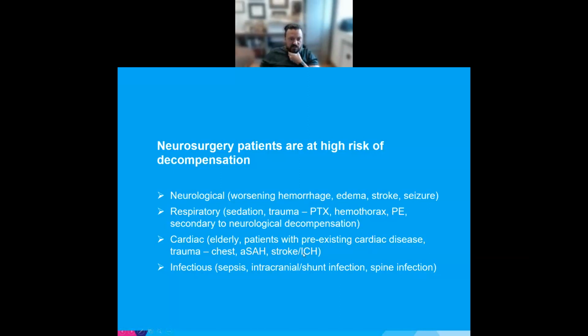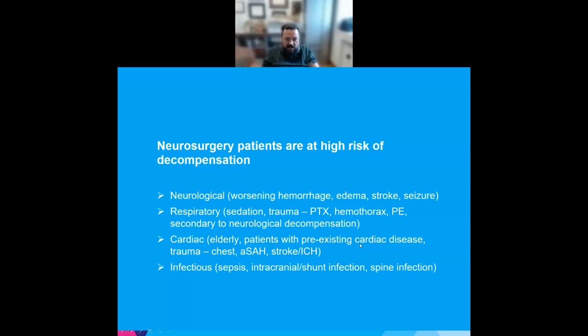Stroke and ICA patients obviously tend to be older and often are vasculopaths and have cardiac risk factors as well. And then, perhaps less common, our patients are at risk of decompensation due to infectious issues, whether that's sepsis or patients that have shunts or intracranial lines might have an intracranial or shunt infection or a spine infection.